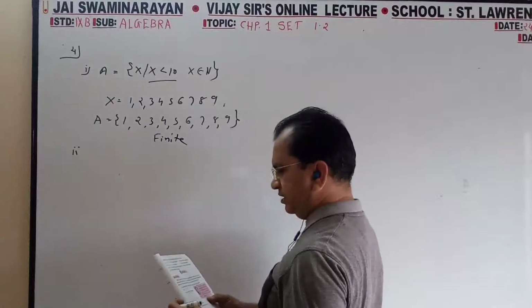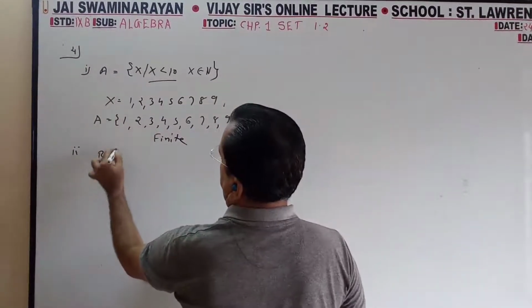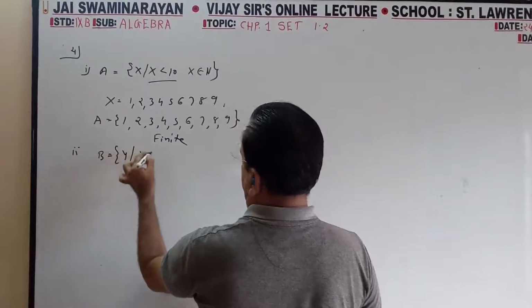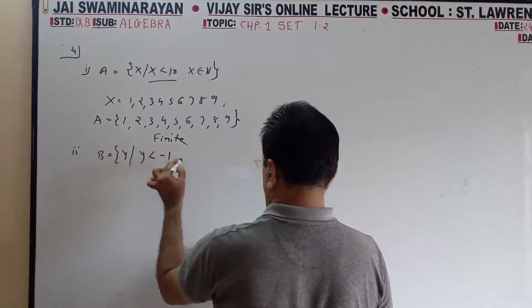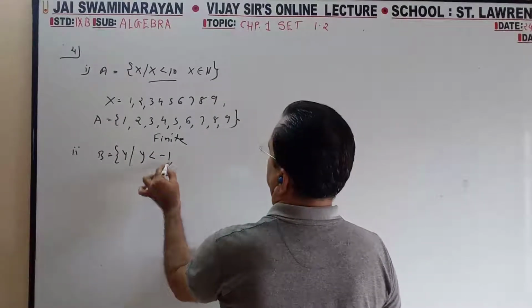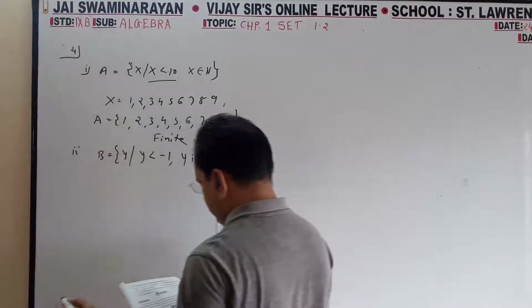Second, they have given B: y is less than -1, y is an integer, correct?